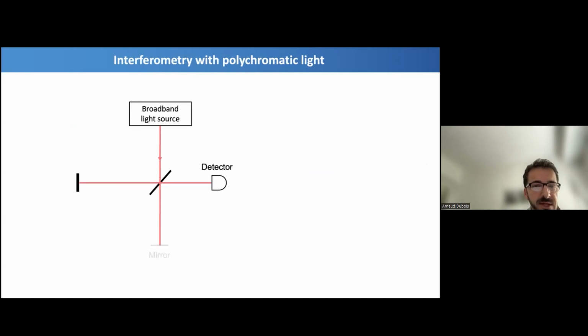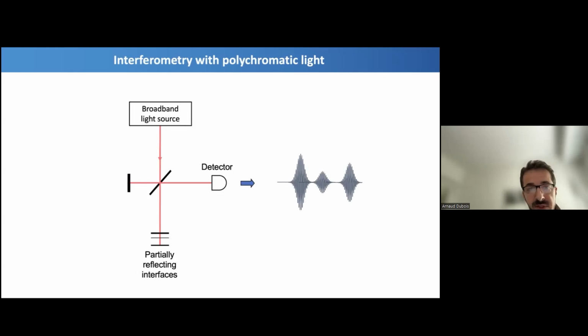Now let's replace one of the interferometer's mirrors with an object made up of several partially reflecting interfaces located at different depths. When we vary the length of the reference arm of the interferometer, we observe several peaks. Here, 3 peaks, because we had 3 interfaces.